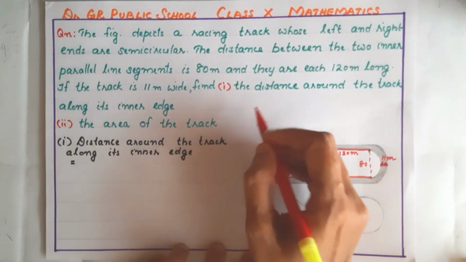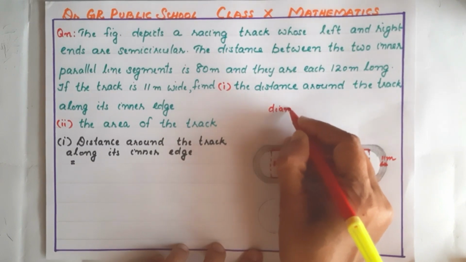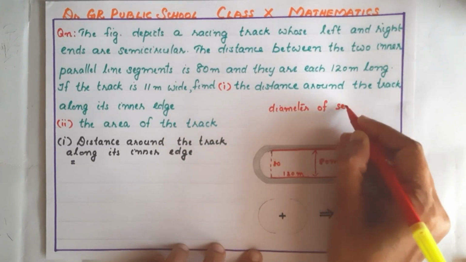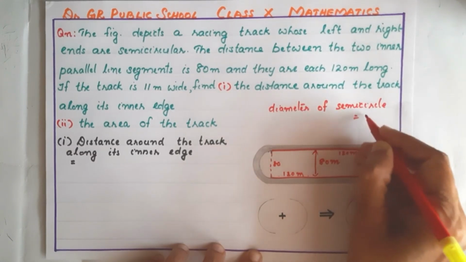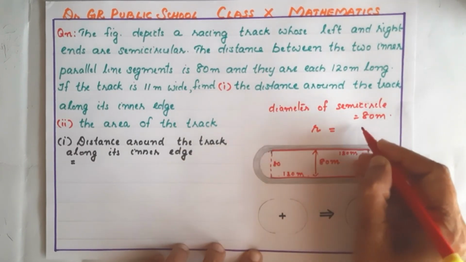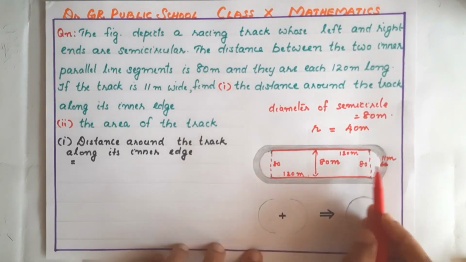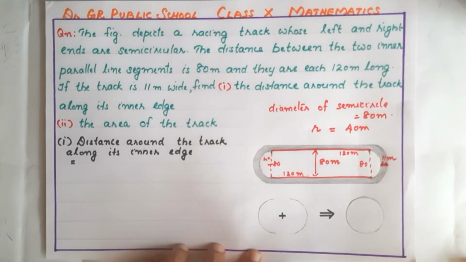Okay. So we can write here diameter of semicircle equal to 80 meter. So what is its radius? Radius is 40 meter. So both are having radius 40 meter. Okay.